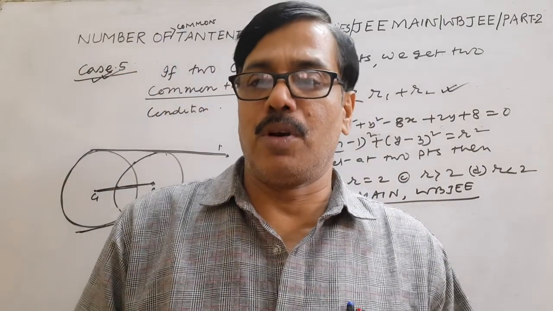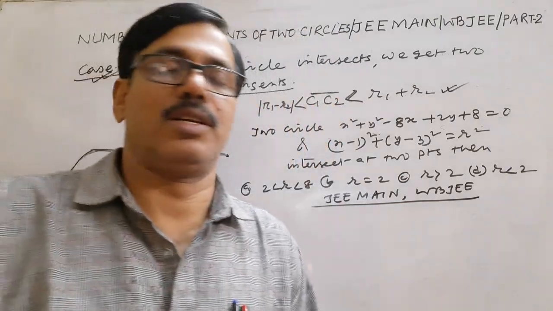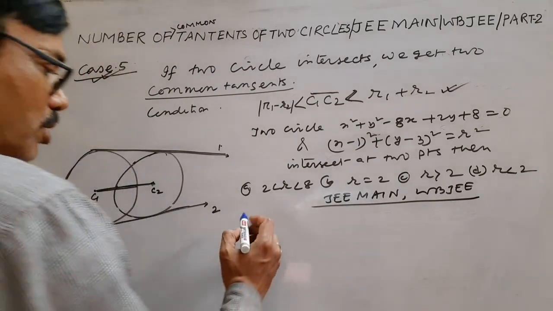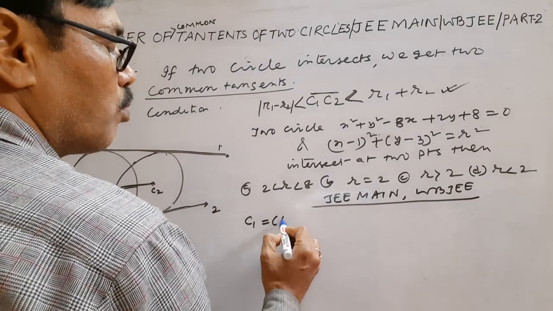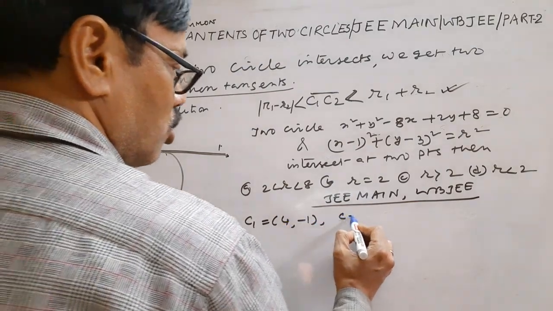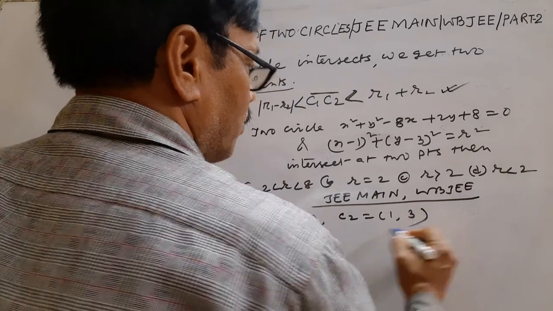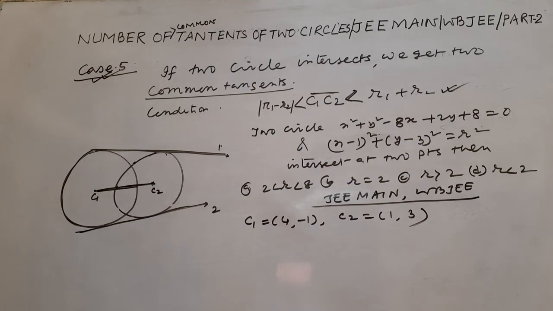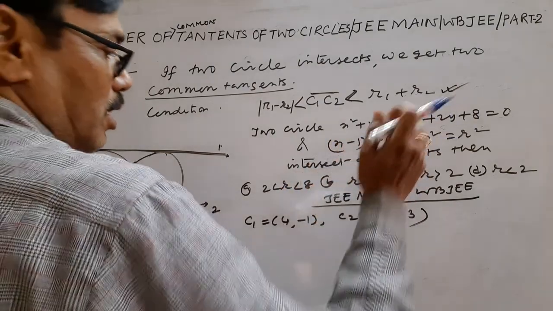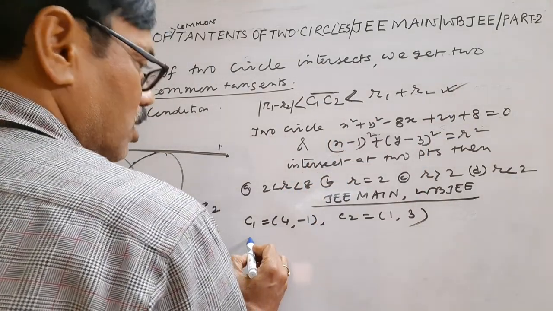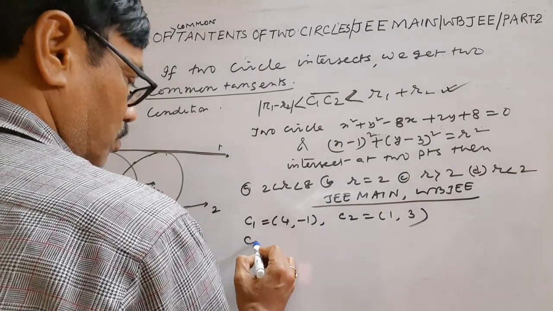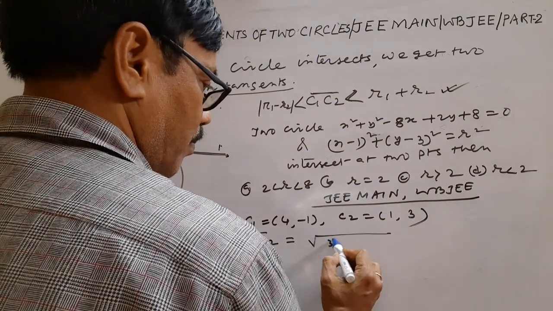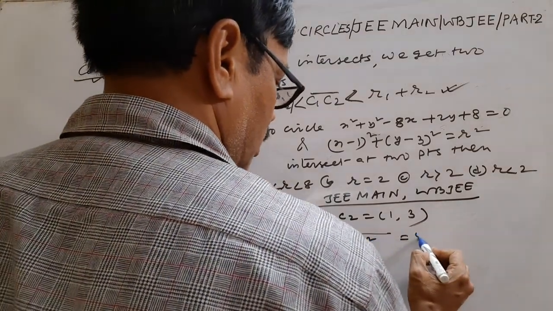To find the number of common tangents, we need radii and centers. So C1 is (4, minus 1) and C2 is (1, 3). So what is C1C2? 3 square plus 4 square, this is 5.